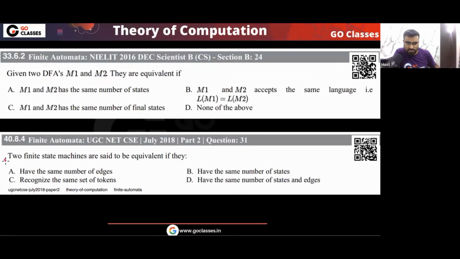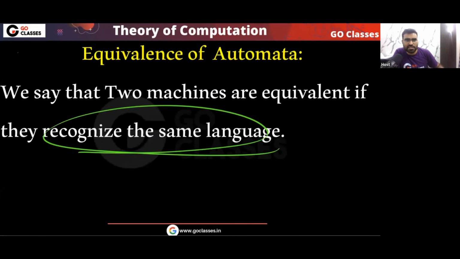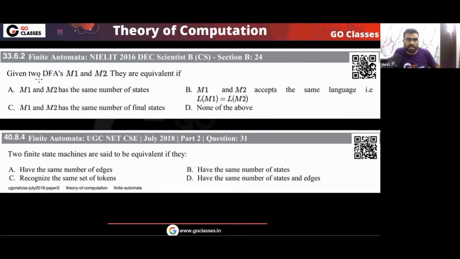We already know that two machines are equivalent if they recognize the same language. In theory of computation, equivalence of automata means two machines are equivalent if they recognize the same language. They accept the same language. So for this question, the answer is option B.